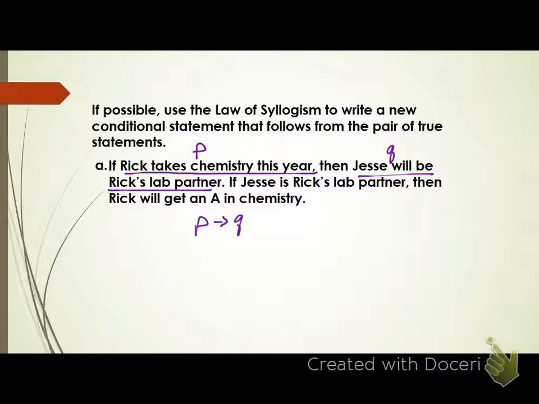That means that the next if-then needs to have the Q as its hypothesis, right? So Jesse will be Rick's lab partner is the hypothesis of the next statement.